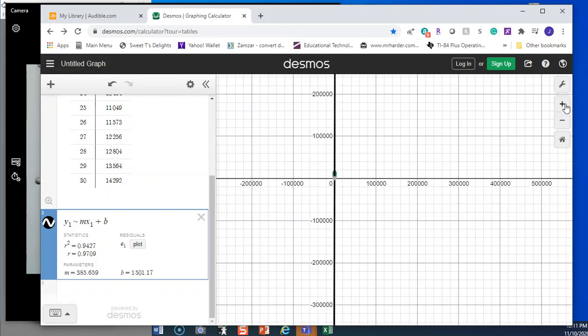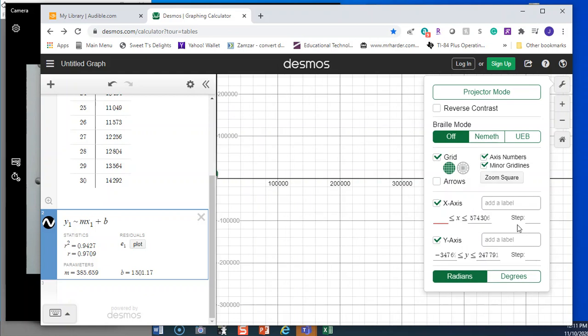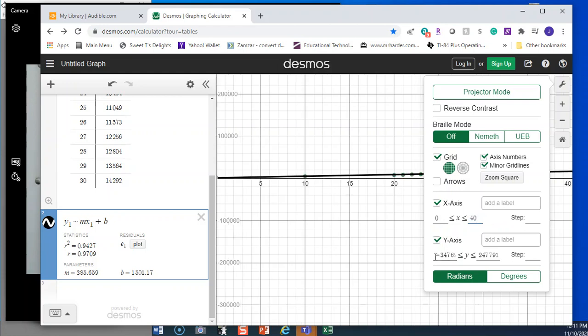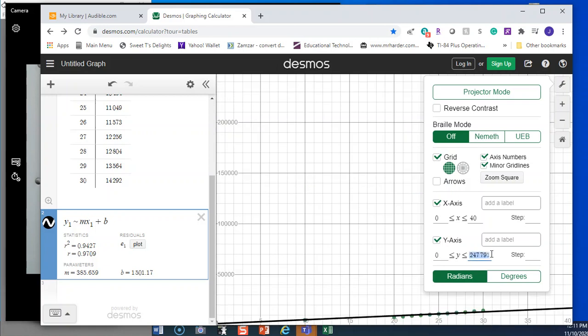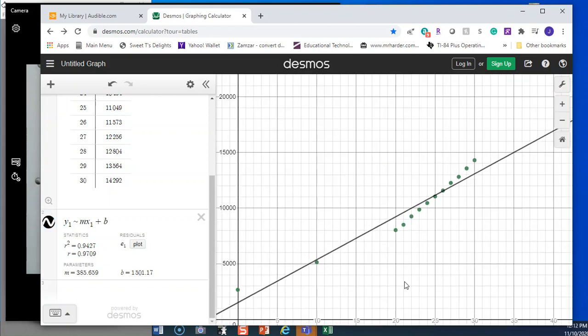So I'm going to take this wrench here and make the x-axis start at 0 and then go up to, let's see, 40. And the y values, I'll start at 0 and then go up to 20,000. All right, now that's a lot better.